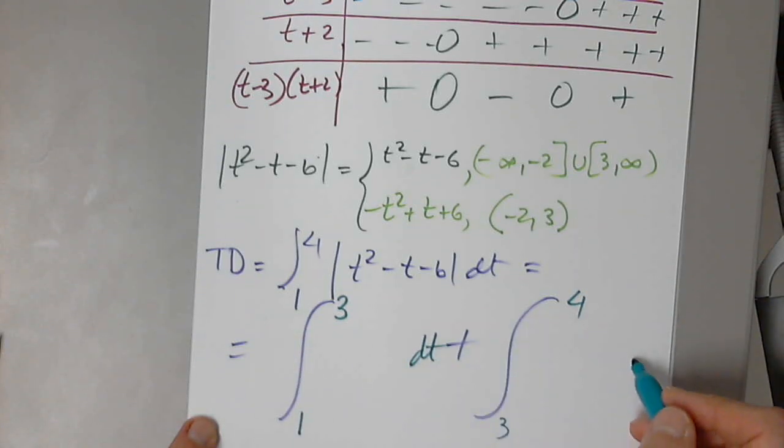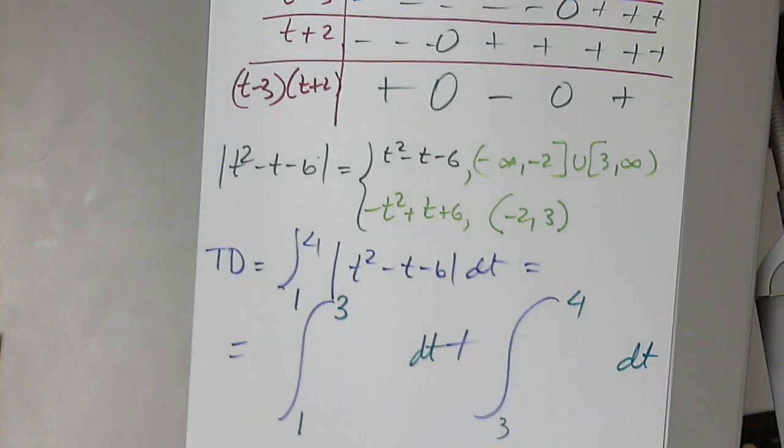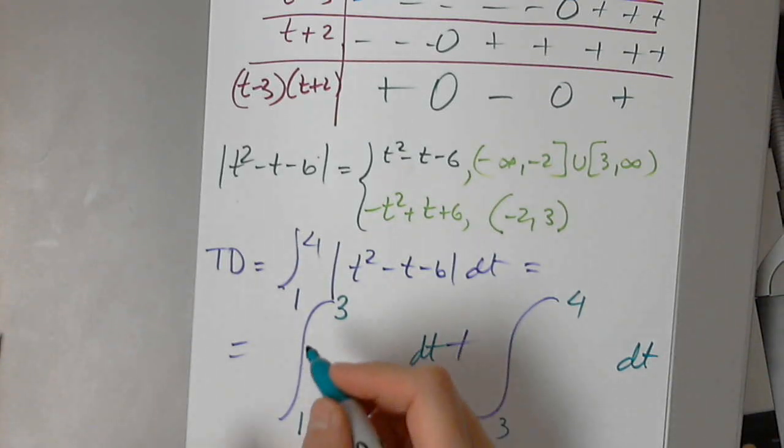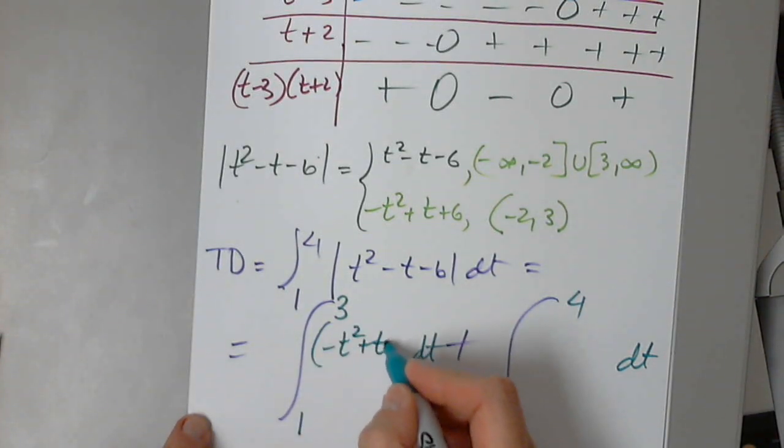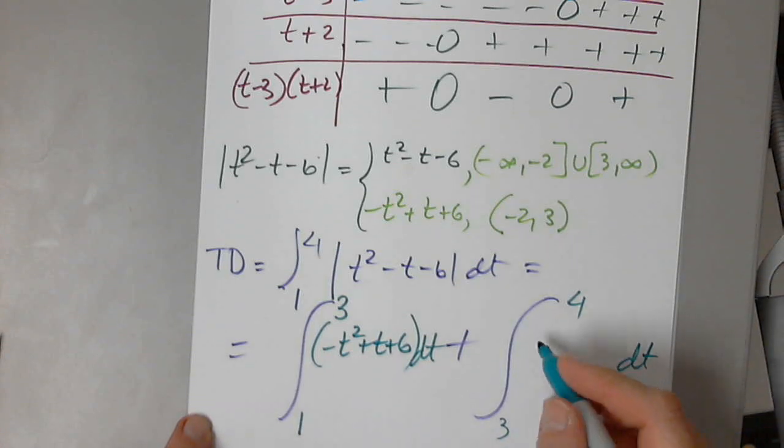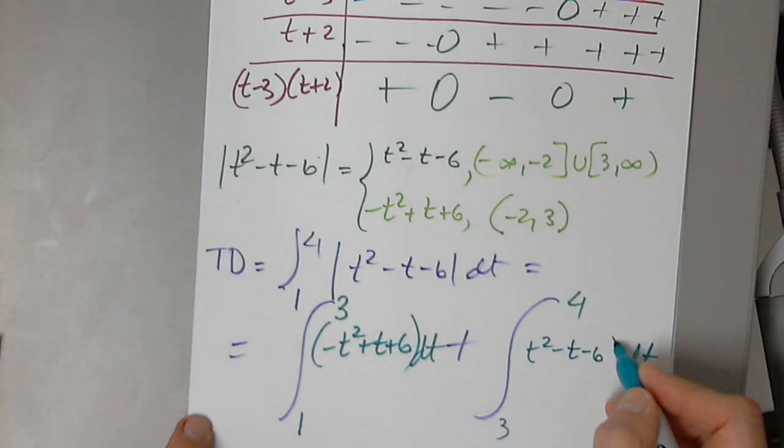And of course dt and dt, and we have to be very careful now to choose the correct function. From 1 to 3, which function do I choose, top or bottom? Yes, negative t squared plus t plus 6 and t squared minus t minus 6.